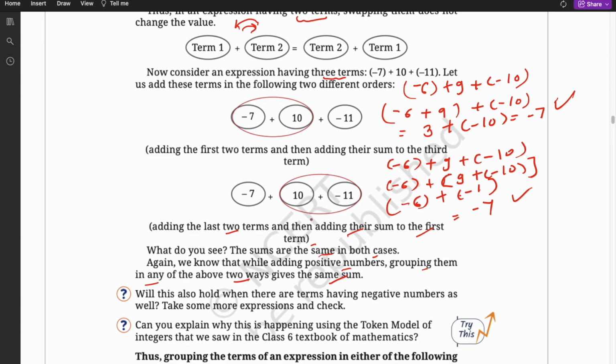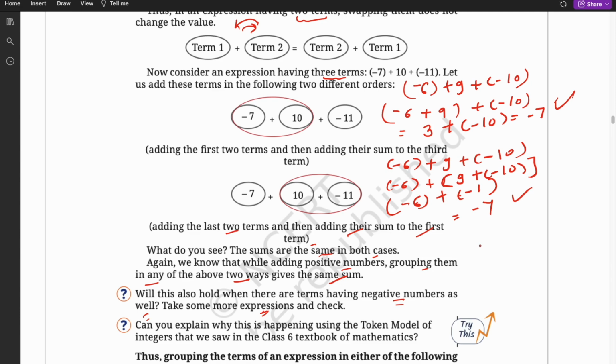अगर negative number को भी हमने positive वाले way में add किया in these 2 ways, so it gives same sum, same आएगा. So will this also hold when there are terms having negative numbers as well? अगर negative number है तो will this also hold? And take some more expressions and check. So expressions लेके हमको ये check करना है.